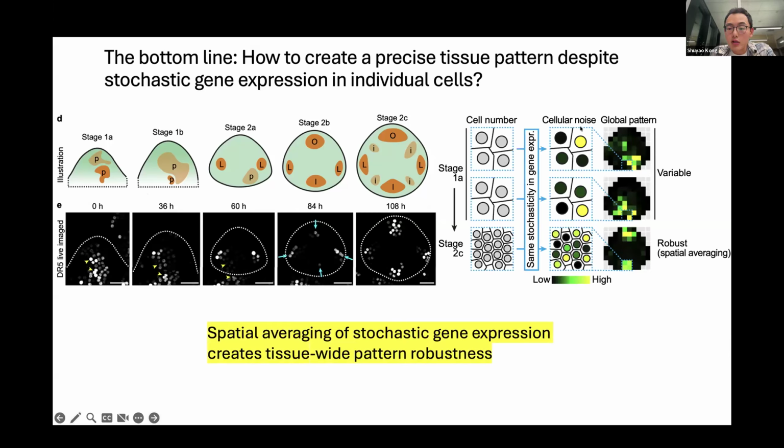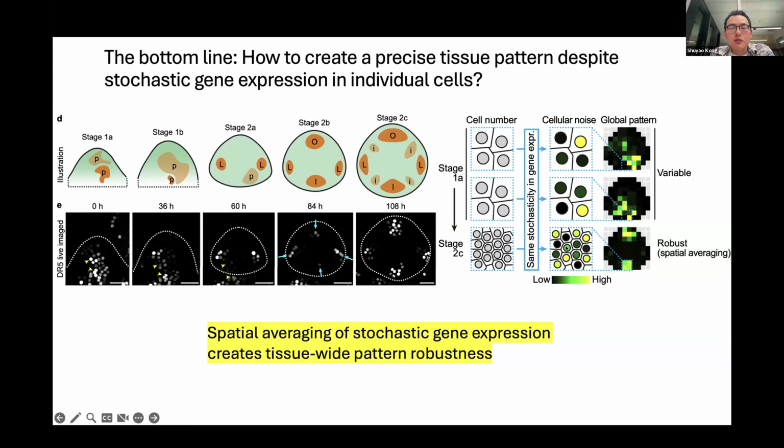Whatever cellular noise is present in the beginning is not tolerated. So basically, it shows up in the global pattern. But when the meristem grows bigger and more cells are added, in stage 2B, which is just prior to sepal initiation, the stochastic noise in cell neighborhoods is actually averaged.